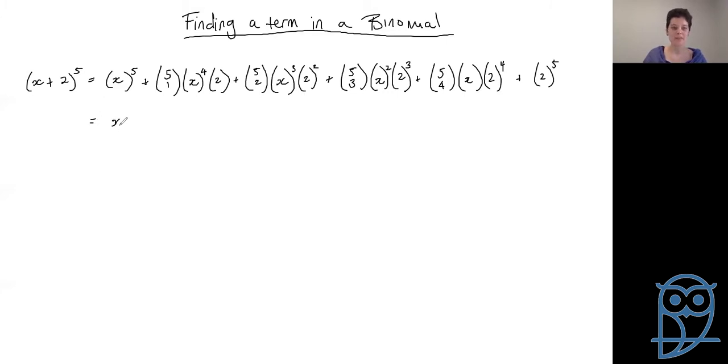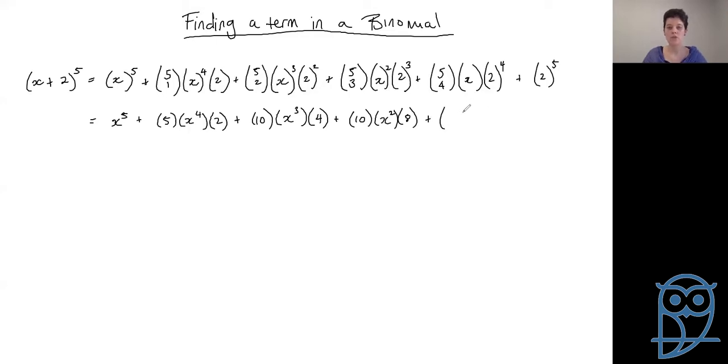Then we would go through and we would simplify each term. So, x to the 5 plus 5C1 gives us 5, x to the 4, 2, plus 5C2 gives us 10, x cubed, 4, plus 5C3 also gives us 10, x squared, 8, plus 5C4 gives us 5 again, x, 16, plus 2 to the power 5 is 32.